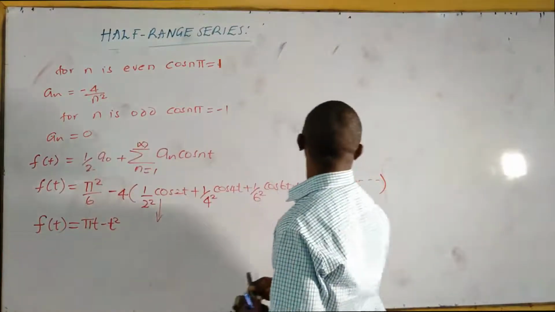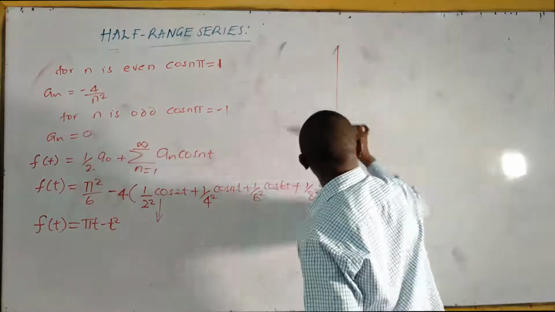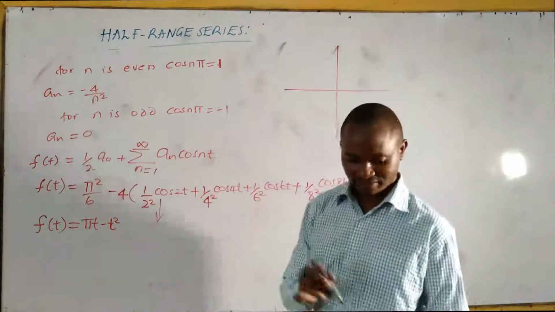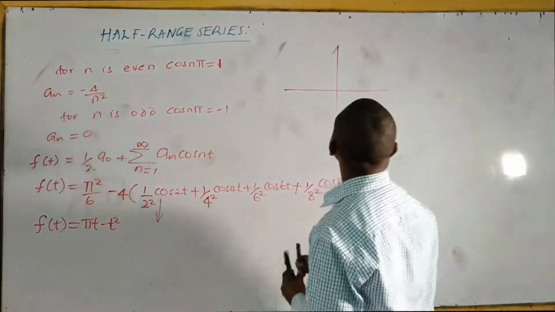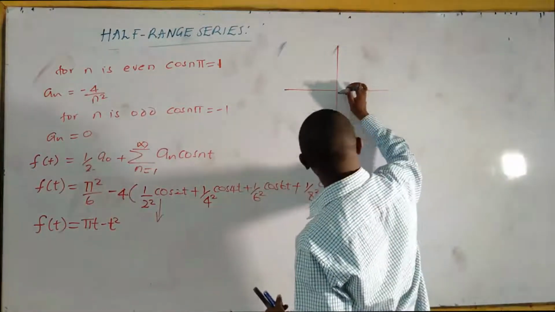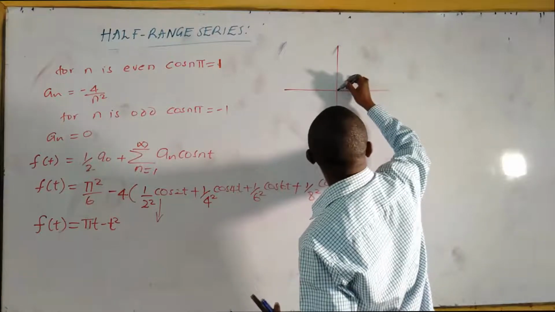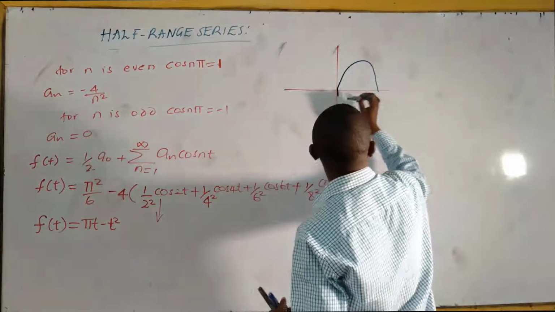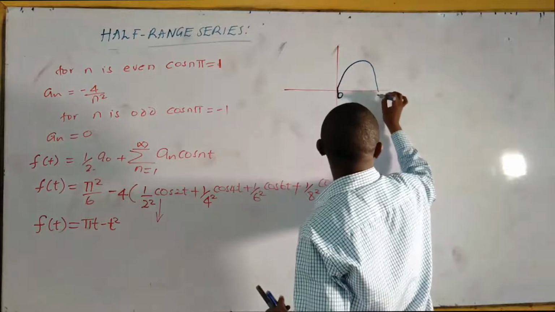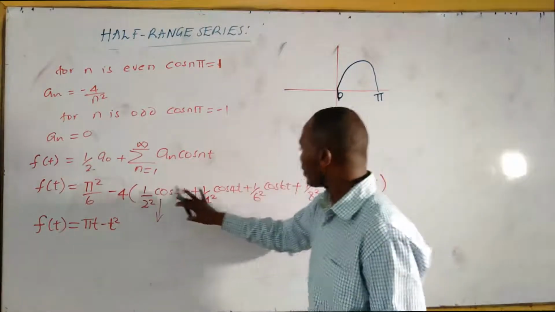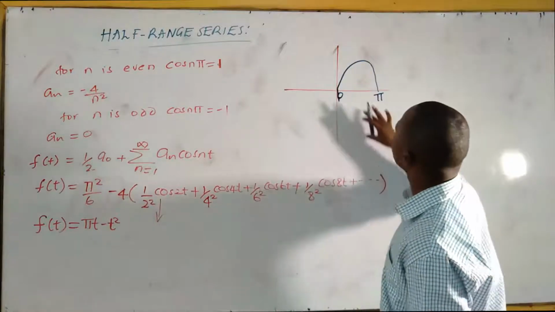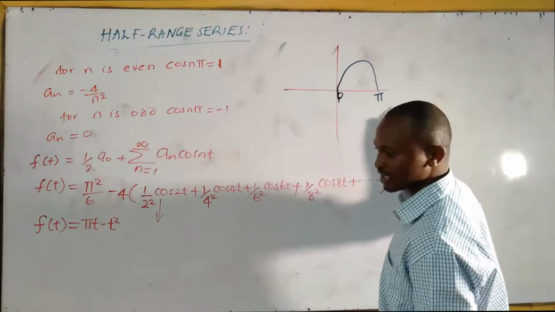In this question, you can also explain using the function we had. After plotting, we got something of this form. Here is 0, here is pi. The more terms you have, the more it approaches your actual curve.